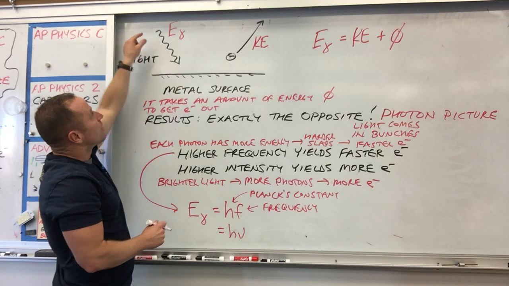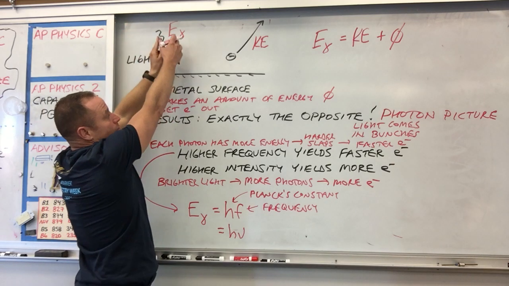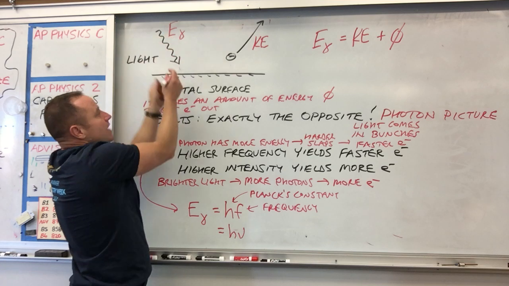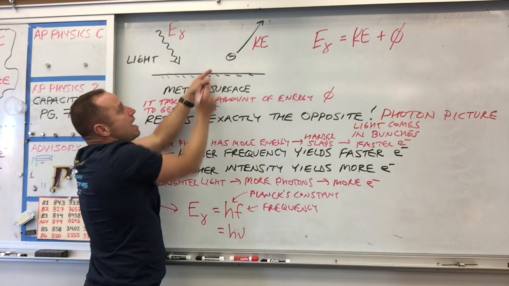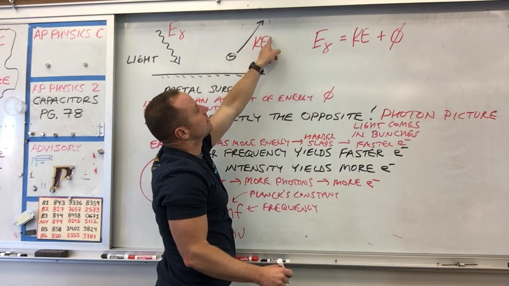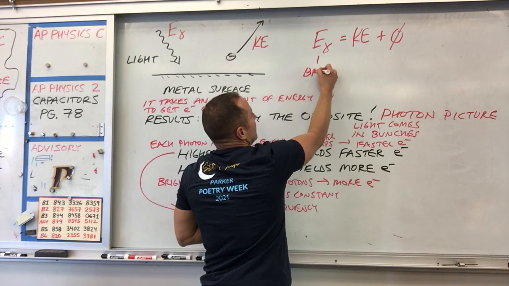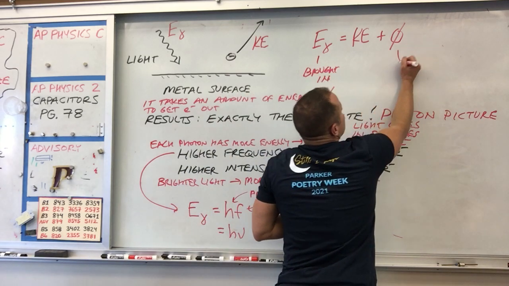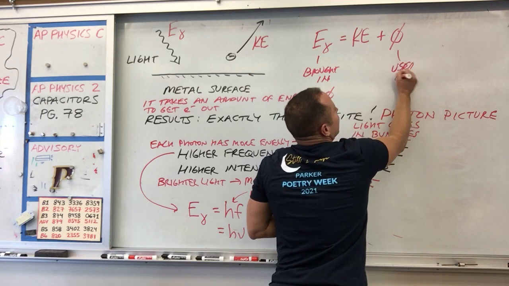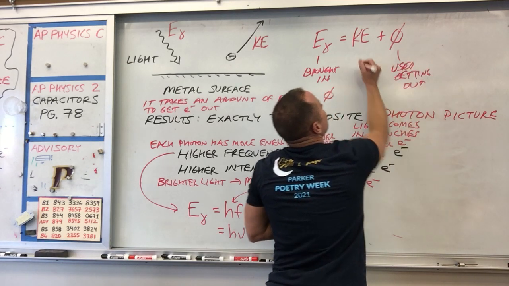So the energy that you brought in, that's the total number of joules you brought in. Some of that went into fishing this electron out, just to get it out. And whatever is left over is this. So this is what's brought in, this is used getting the electron out, and this is left over.